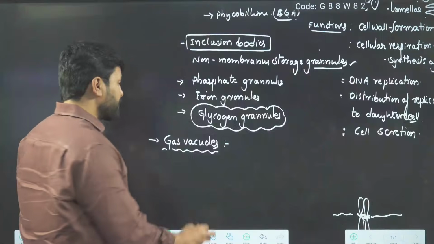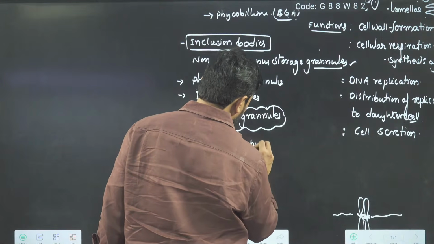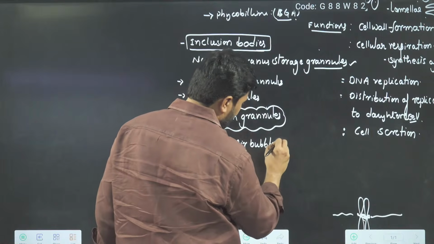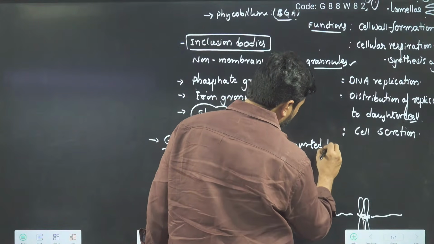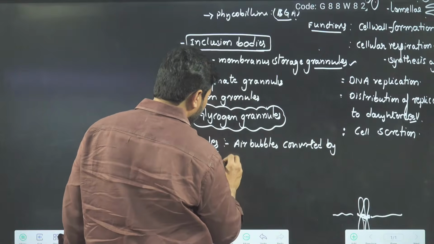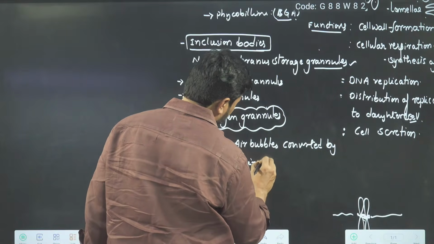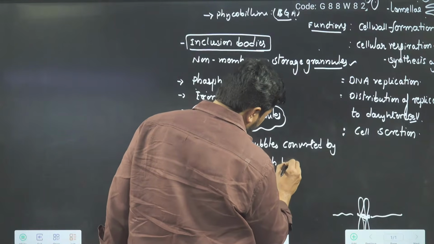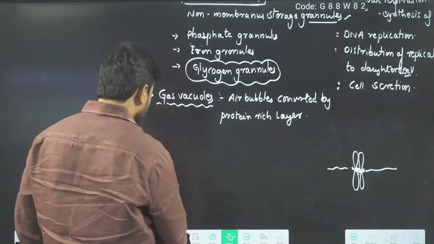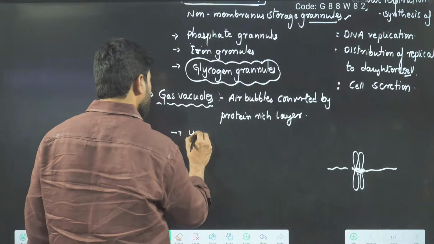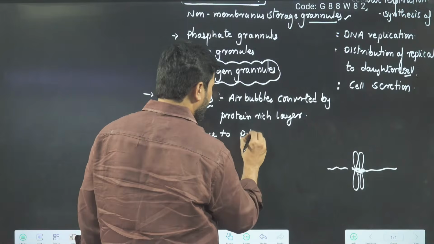Why? Gas vacuoles are air bubbles covered by a protein rich layer. They don't have a membrane in fact, only a protein rich layer. That's called gas vacuoles. Gas vacuoles are unique to prokaryotic cells.